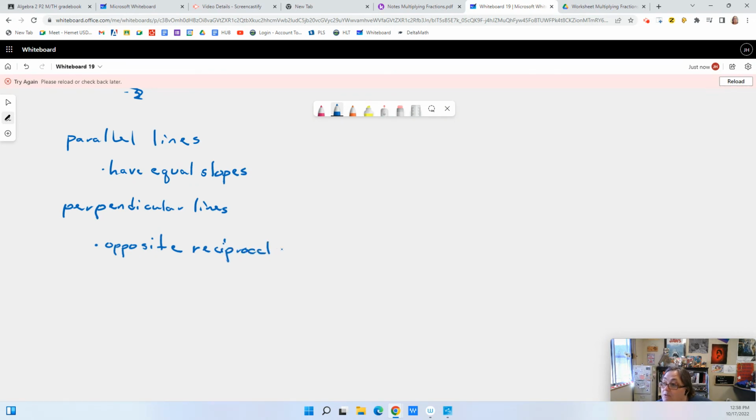So if I had an M of 3, a slope of 3, a perpendicular slope would be negative, because this one's positive, so it would be negative, and it would be 1 over 3. If I have a slope of negative 2/3, its perpendicular slope would be positive 3 over 2.